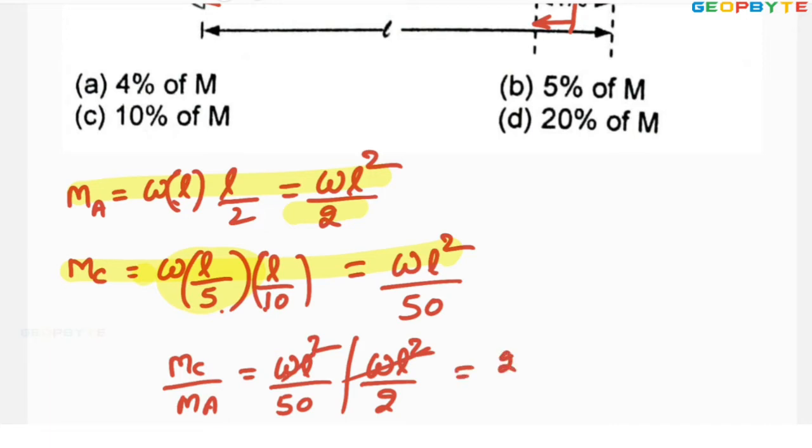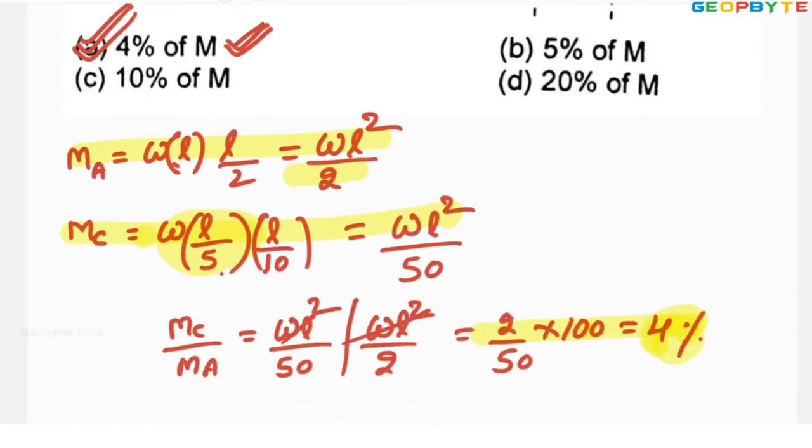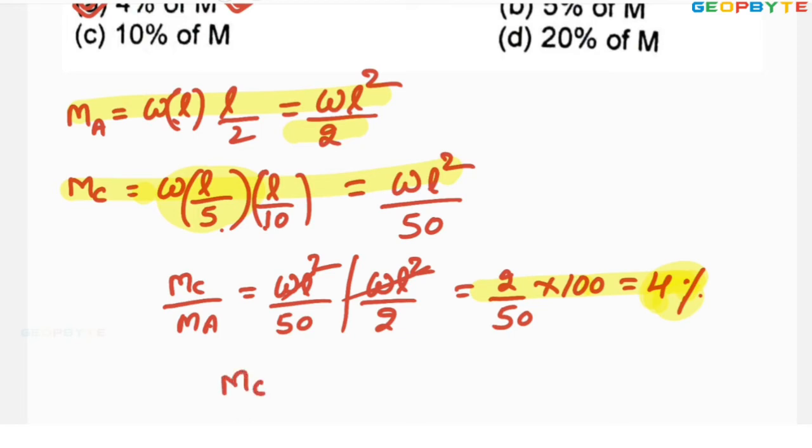Finally it is 2 by 50 into 100, to get around 4%. Therefore, the bending moment at a distance of L by 5 is 4% of the bending moment at the fixed end. Therefore, option A is absolutely correct. So, bending moment at C equals 4% of the bending moment at the fixed end.